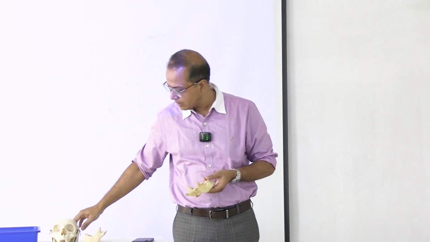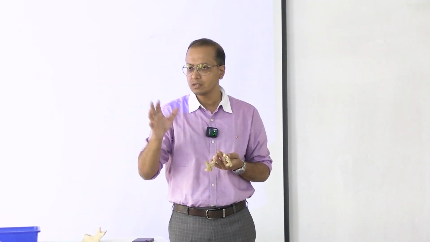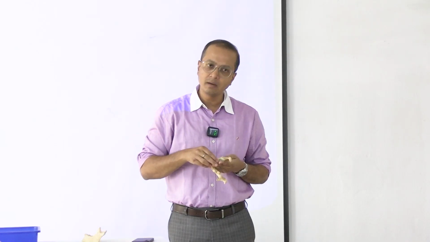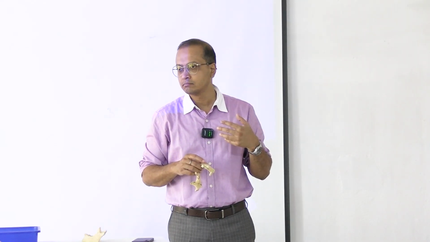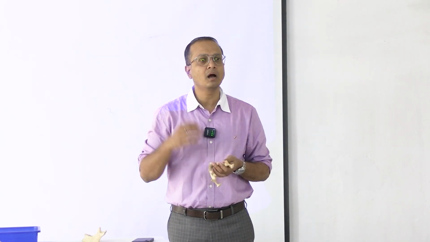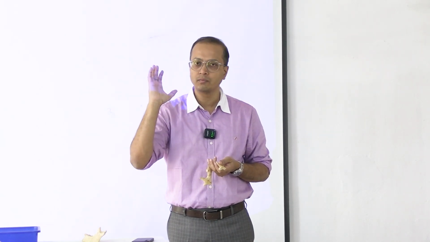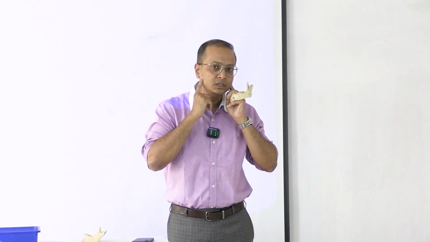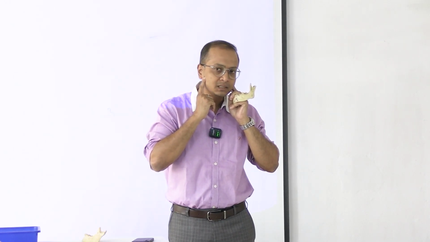Now, this particular bone has a few muscles attached to it that we have to understand. Very few prominent muscles are attached to it. The muscles attached to this mandible are mostly muscles of mastication. That means they help to chew the food. This muscle which is present on the external side, if you clench your teeth, you can make this muscle taut.